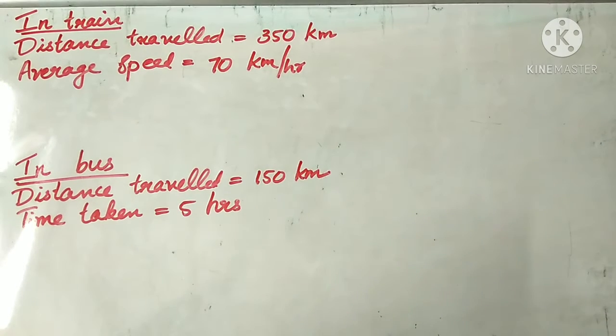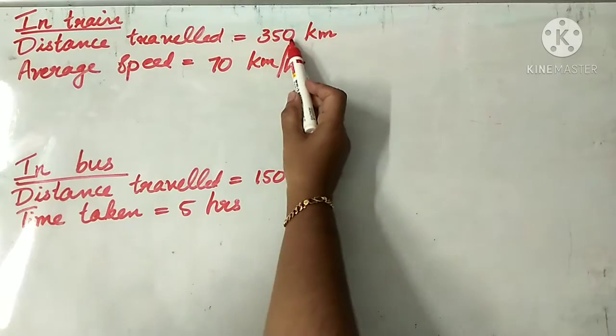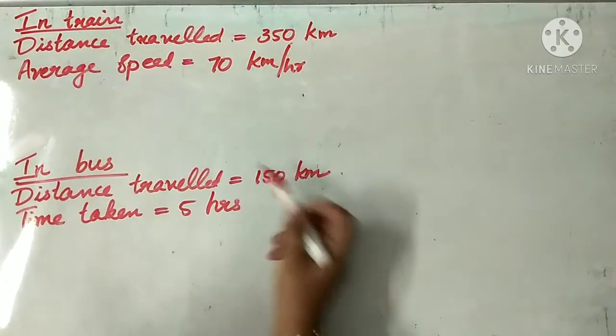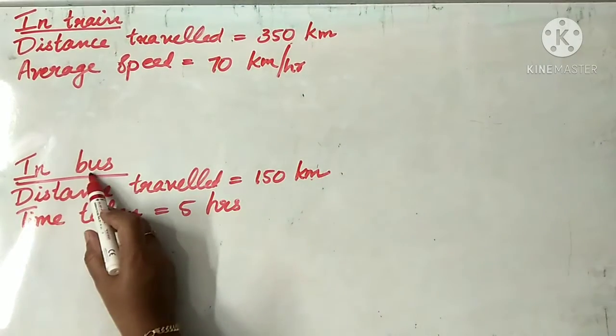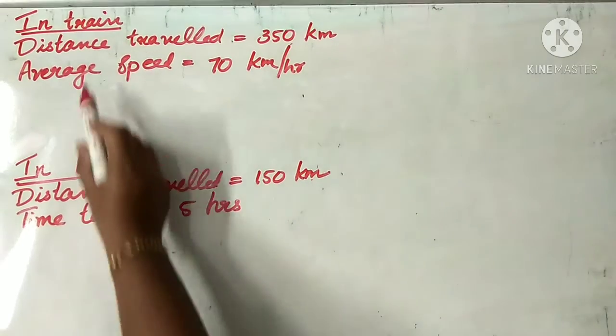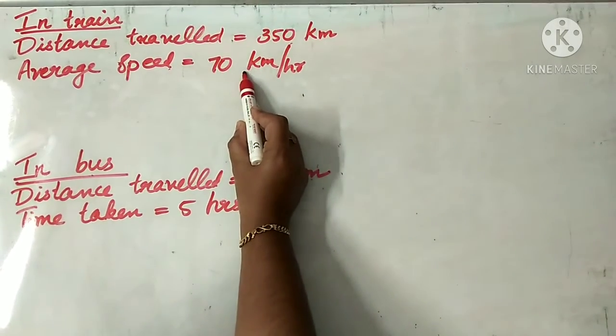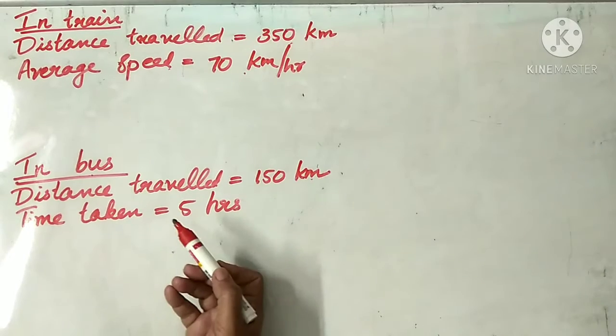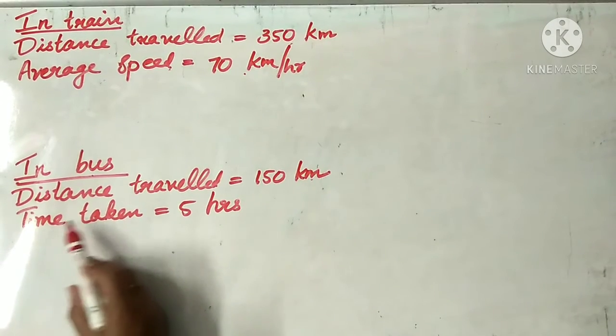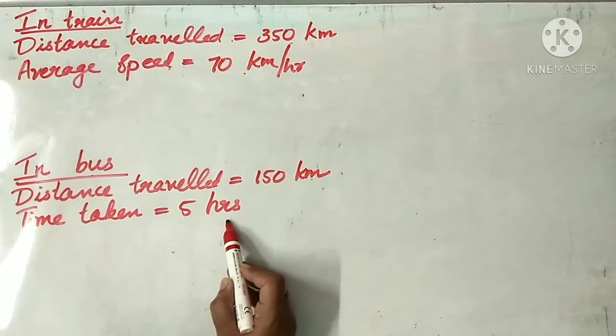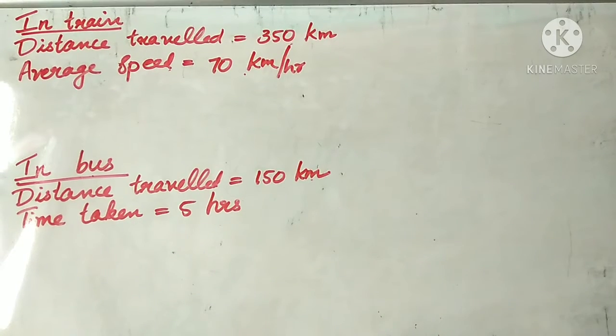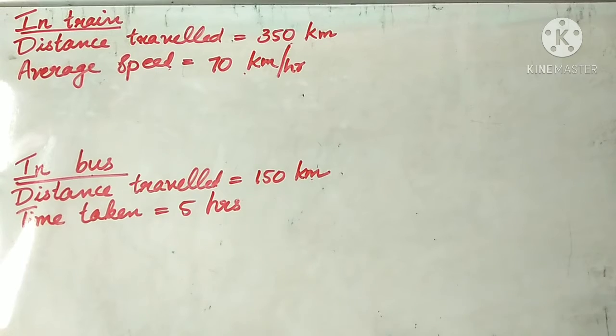According to the question, Rahim travelled 350 km in train and 150 km in bus. The average speed of the train is 70 km per hour and the bus trip lasted for 5 hours. That means time taken in bus is 5 hours. These are the things that are given in the question. We have to find the average speed of the entire trip.